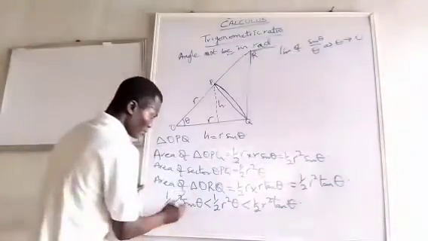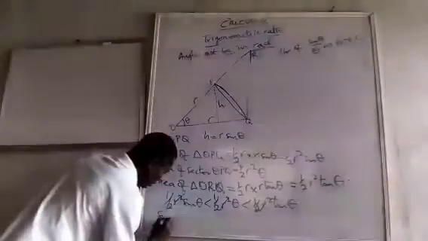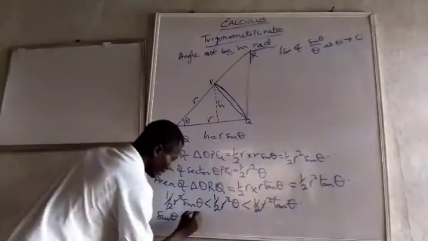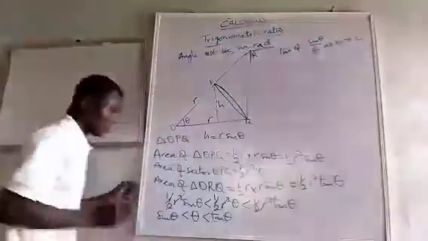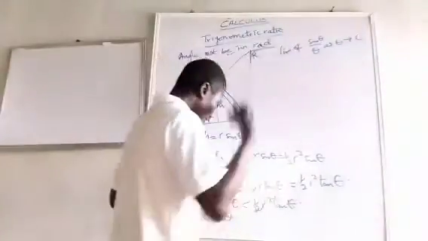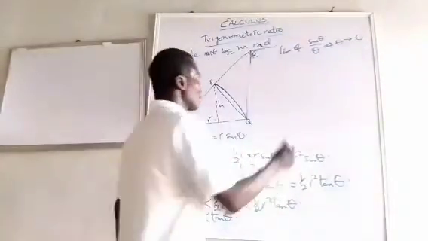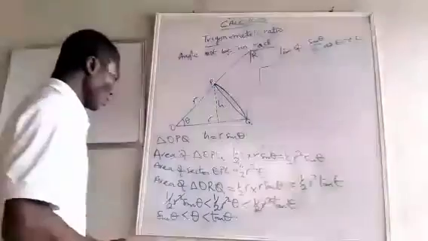Now, that is sin theta is less than theta is less than tan theta. Please, I want you to follow. It's a game. Just follow. I told you, I'm making you enjoy the language of mathematics more. That is what calculus is for.